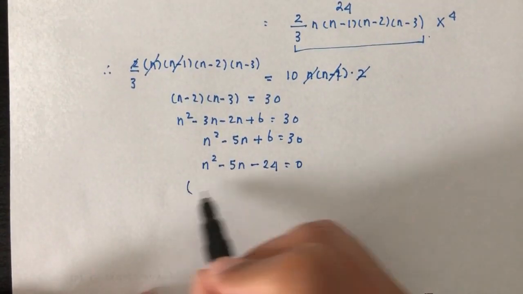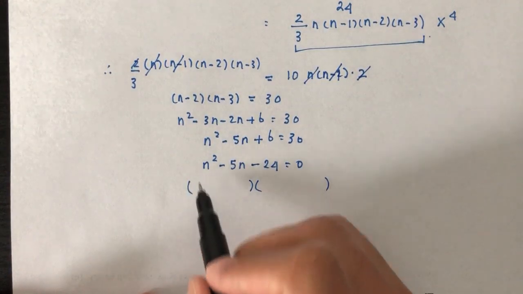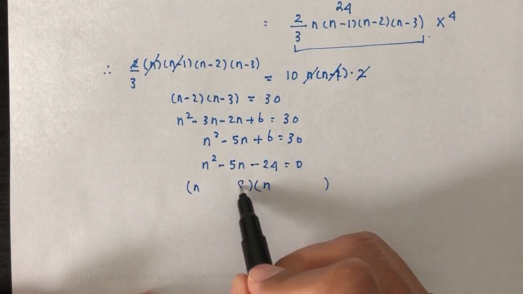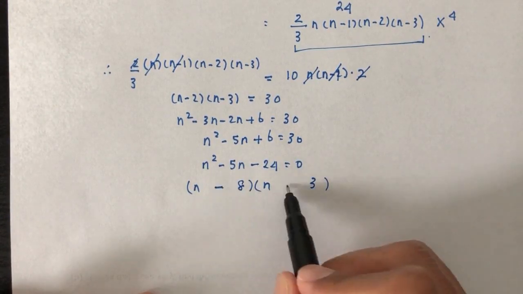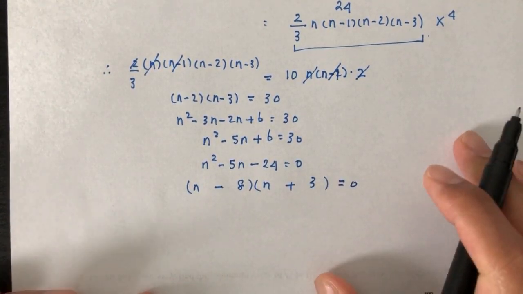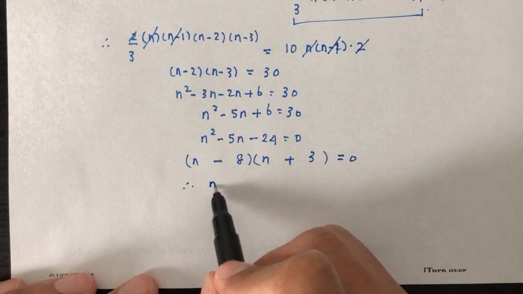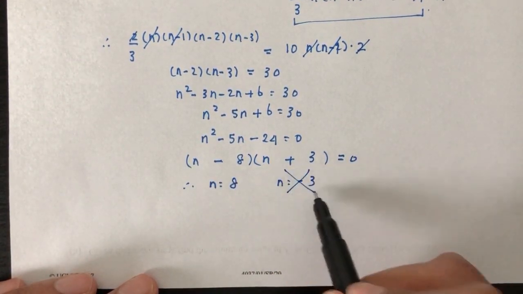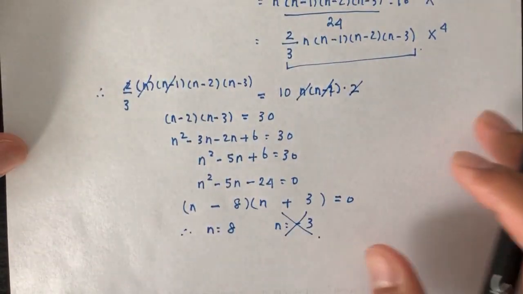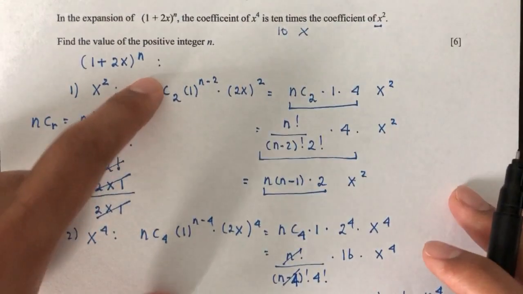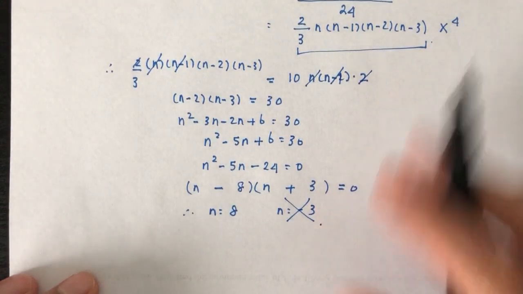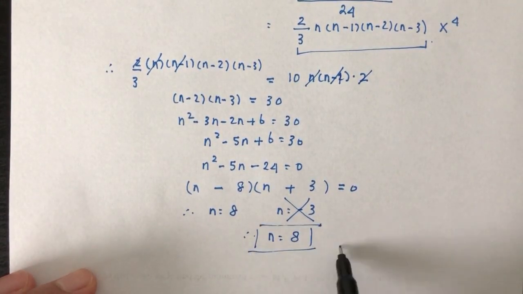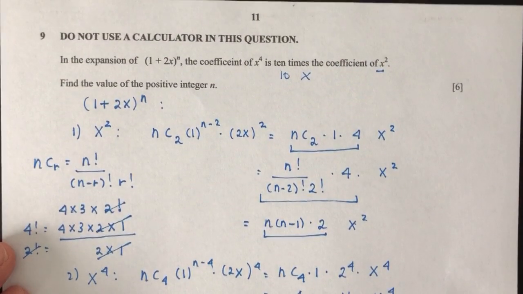So factorize. n squared is n times n, and this is 8 times 3, so minus 8 plus 3 gives minus 5. So n can be 8 or n can be minus 3. It cannot be minus 3 because n is a positive integer. So your value of n will be equal to 8. This is your answer for question number 9.